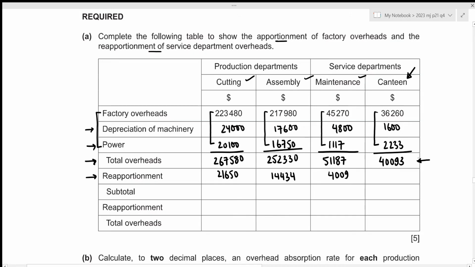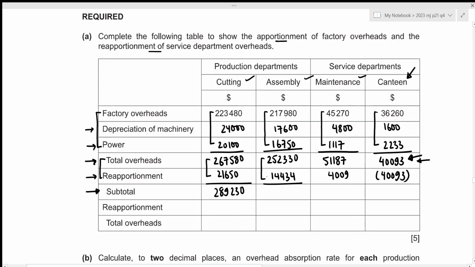Now, since we're reapportioning this amount towards the three different departments, we need to remove this overhead from the canteen department. So we're just going to subtract this exact same amount. And then we're going to figure out the subtotal. And the subtotal is just going to be the sum of total overheads and reapportionment. So for cutting department, that will be 267,580 plus 21,650, which results in 289,230.